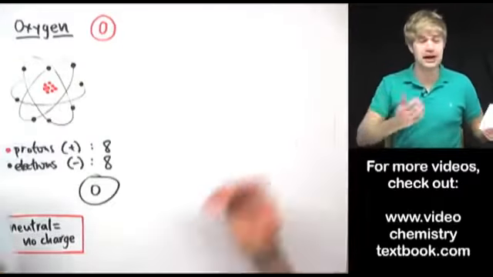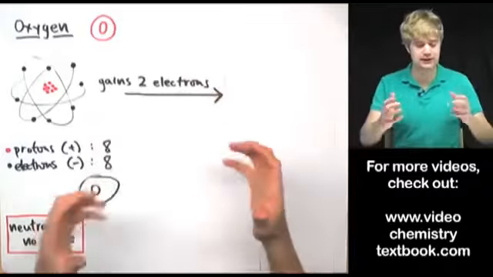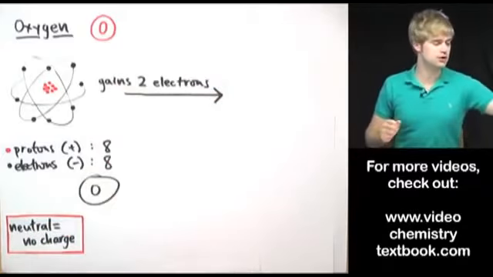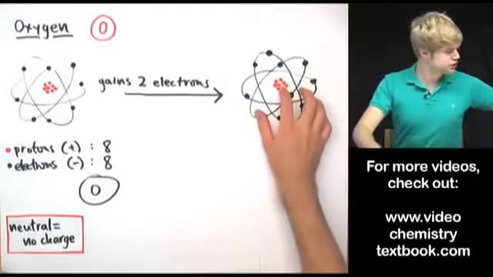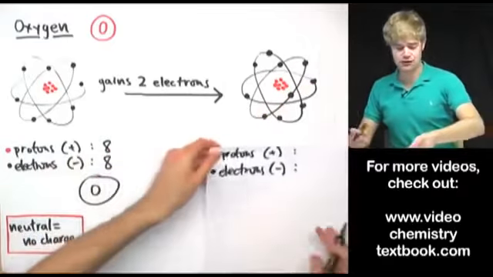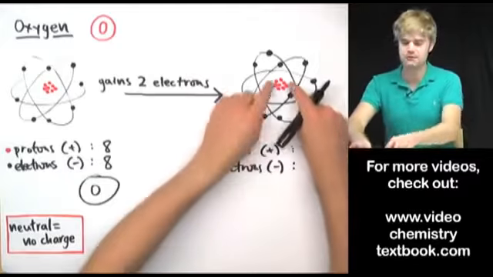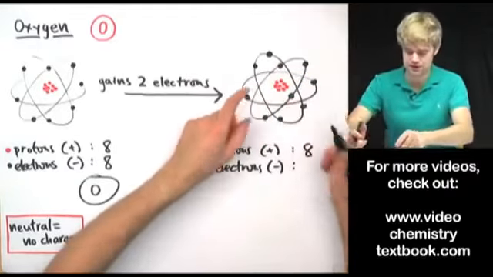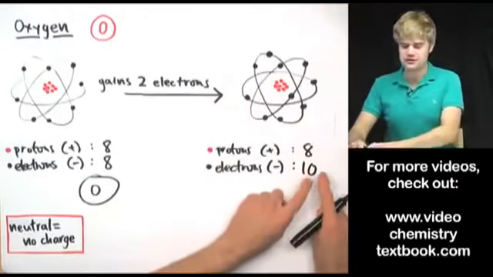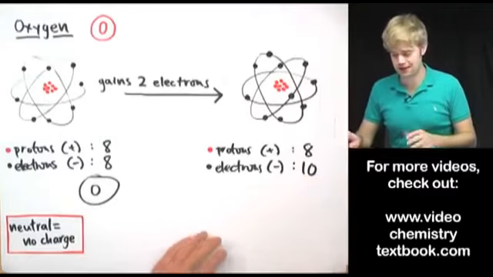But oxygen can gain or lose electrons, and actually it really likes to gain 2 electrons. And here's a picture of the oxygen atom after it's gained 2 electrons. Now it still has 8 protons in the nucleus, and if I count up these electrons, it now has 10 electrons instead of 8, which it had before.